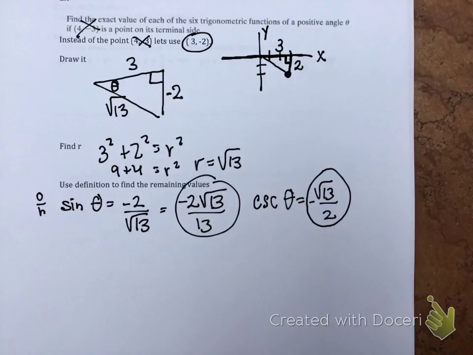Okay, moving on. Cosine. So cosine is adjacent over hypotenuse. Okay, if I look at the angle, the adjacent side is 3, and the hypotenuse is square root of 13. And once again, this is going to be positive.